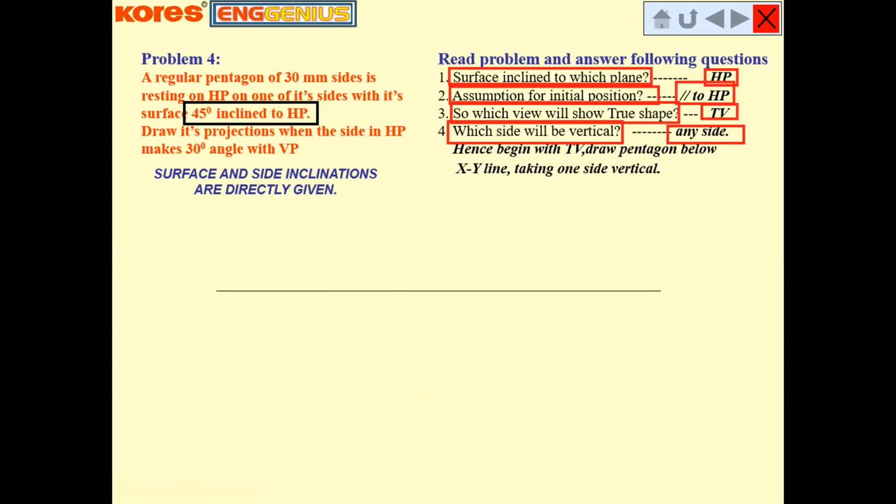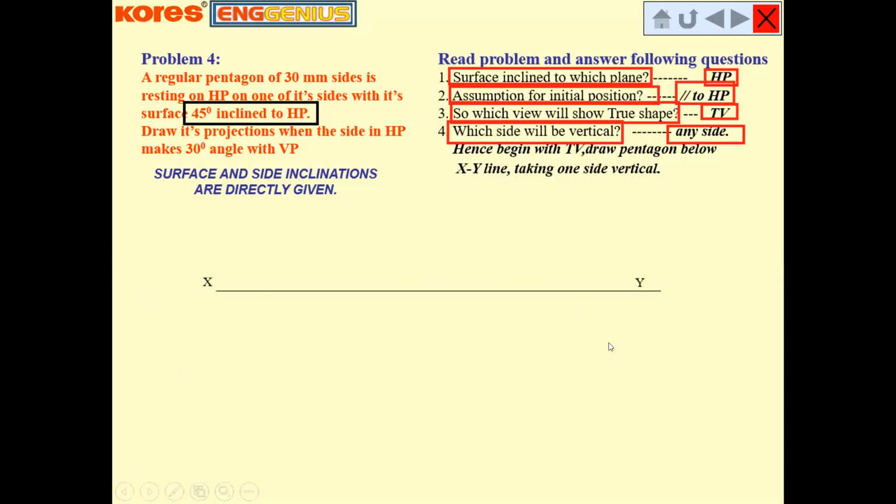So begin with the top view: draw one pentagon below the XY line and consider any one side as a vertical side. This is the first conclusion we have kept before going to the solution of this problem. So now we will draw one pentagon in which we are able to see the top view in true shape, below the XY line. This is my XY line, horizontal line.